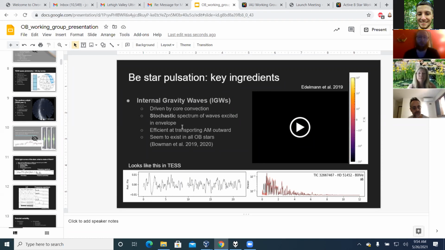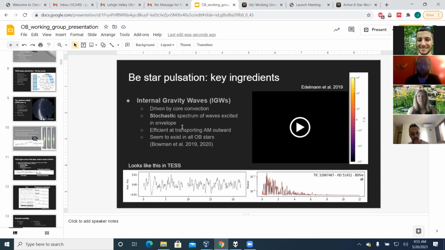And at some tipping point, the envelope is close enough to critical that the simultaneous presence of pulsation modes finally can overcome the, I guess, the last couple of kilometers per second to launch material into orbit. Whereas before the envelope is rotating close enough to critical, these pulsations are insufficient to eject mass. So it's possible that that idea is correct, that there is some combination of actually changing rotation rate in the envelope plus pulsation that then act together to drive mass loss.